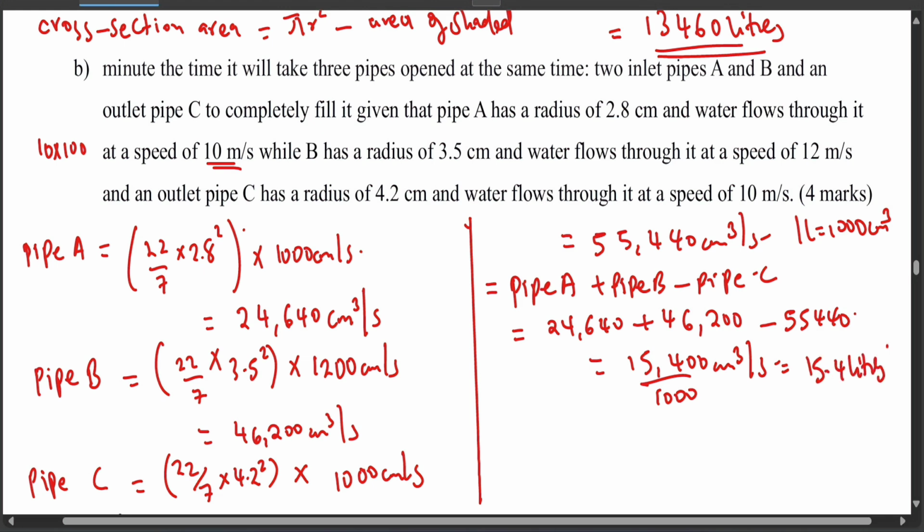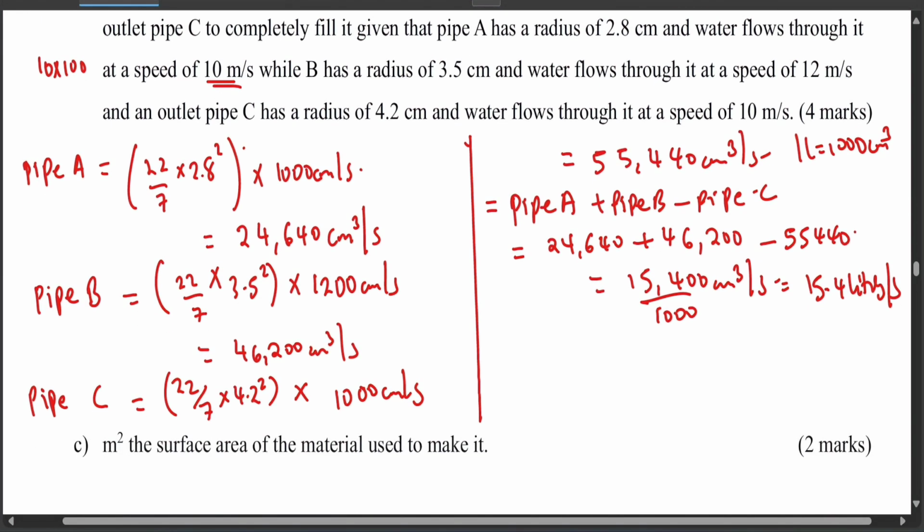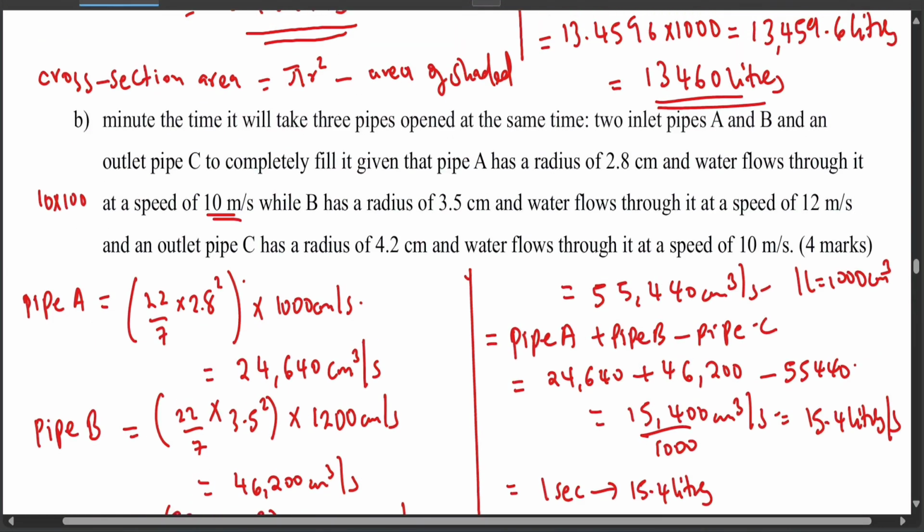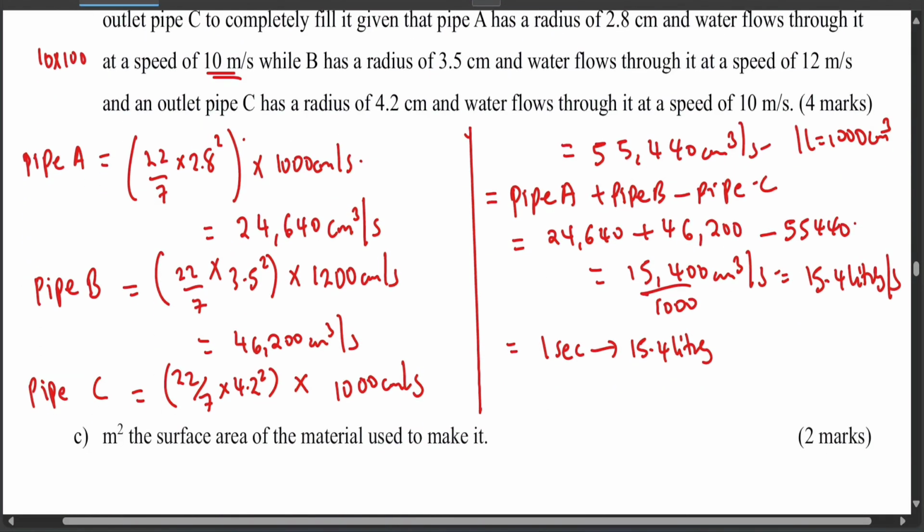So ile seconds haiko affected, so sijali. So now, you know that in 1 second huwa yajaza 15.4 liters, right? So now you ask yourself, what about this amount of liters, which is 13,460 liters?